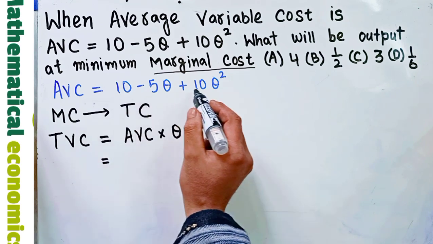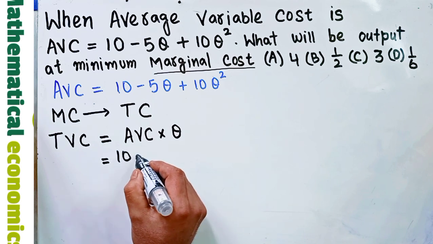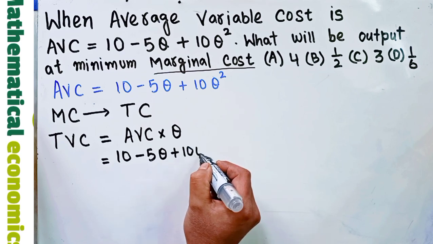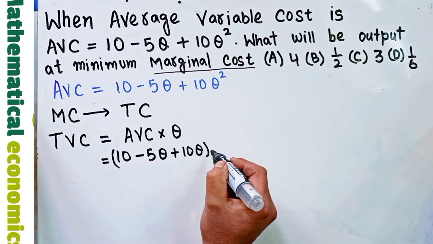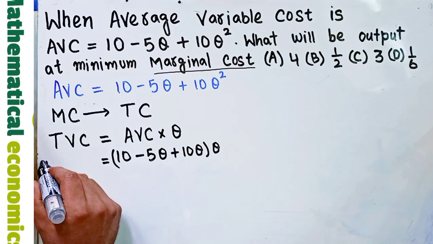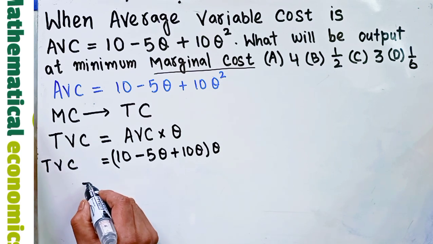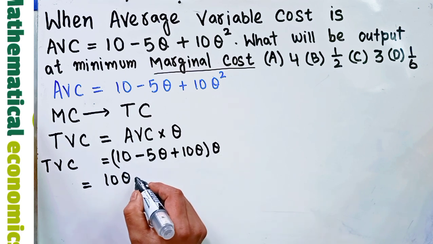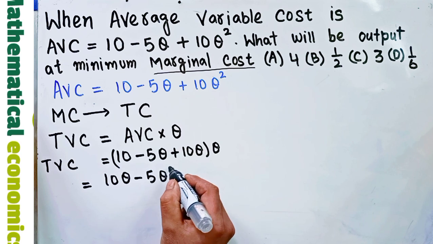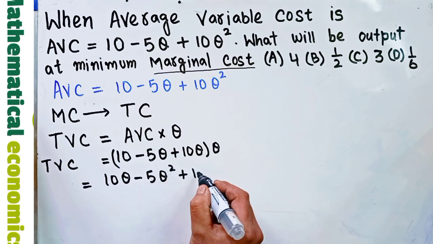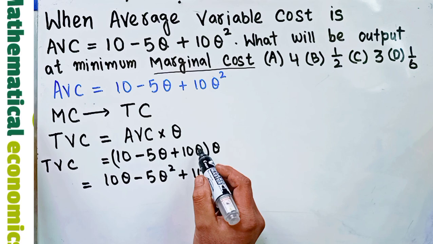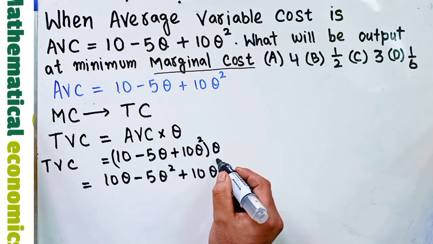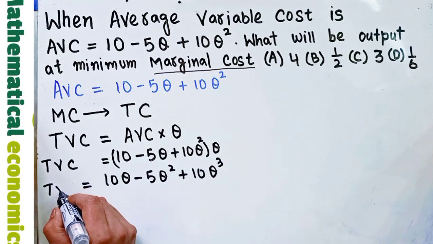That means this average variable cost, that is 10 minus 5Q plus 10Q square, we multiply by Q. This will give us total variable cost as 10Q, multiplying this Q to each of these terms, minus 5Q square plus 10, here it is Q square into Q, which is Q cube. This is our total variable cost.